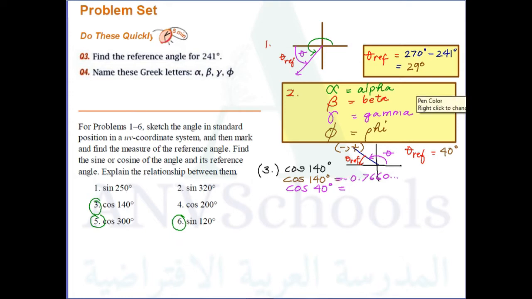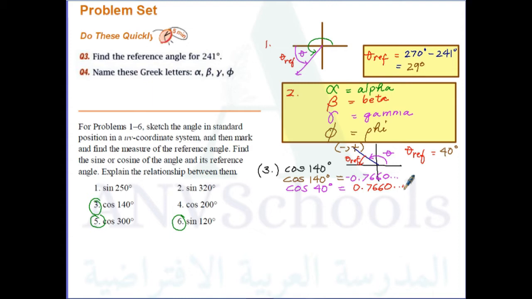They must have the same magnitude. So this will be negative 0.7660, but the cosine of 40 degrees is 0.7660. They have the same magnitude, but they have different signs.